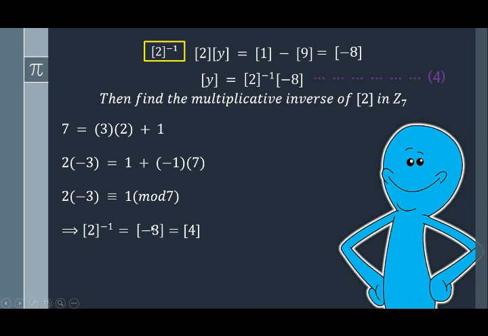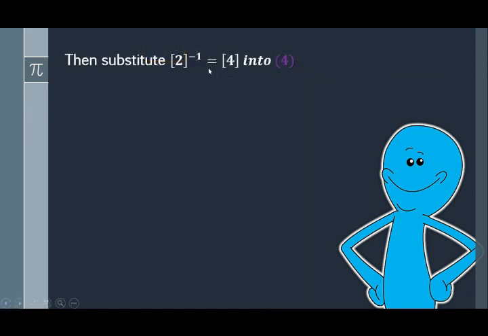I'll just add 7 to get a positive 4. And then we can substitute the multiplicative inverse of 2 into equation 4. Remember, equation 4 was the congruence class of y equal to the multiplicative inverse of 2 times the congruence class of −8.